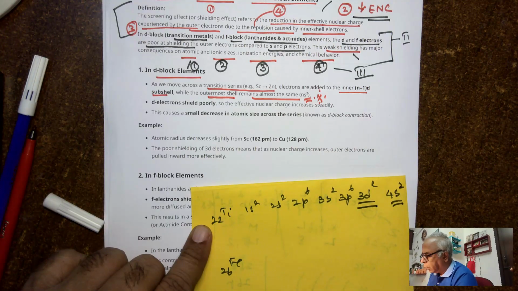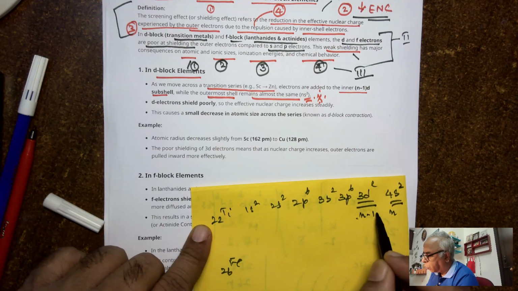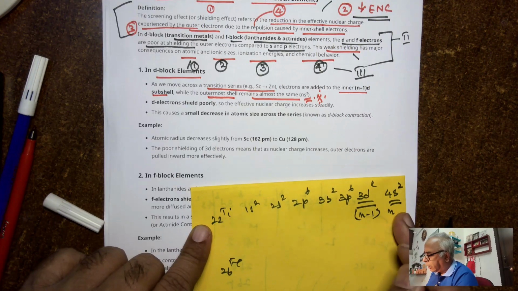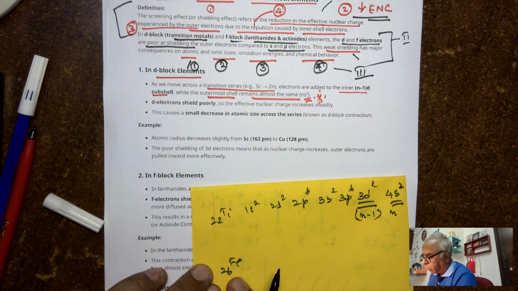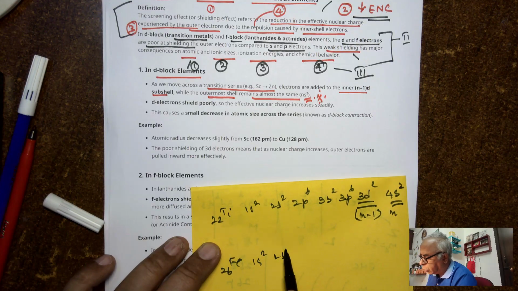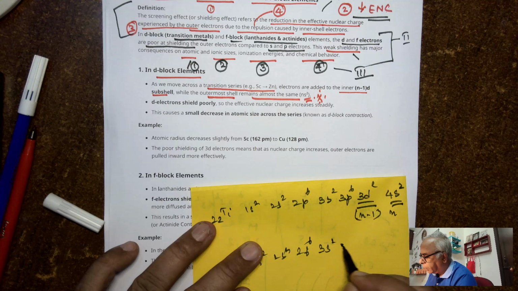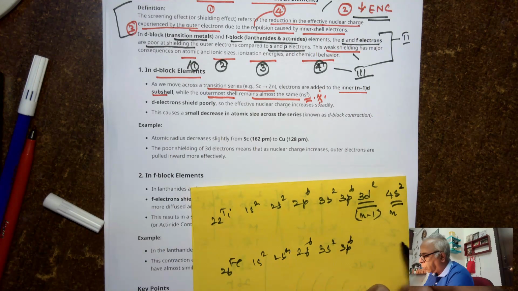So this is the nth shell. This is the n minus 1th shell. Ultimate shell, penultimate shell. Now let us talk about the iron. 1s2, 2s2, 2p6, 3s2, 3p6, and now 4s2. It remains constant, right? Nth level.